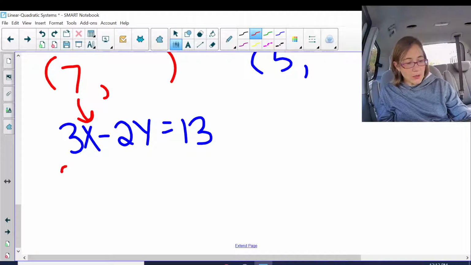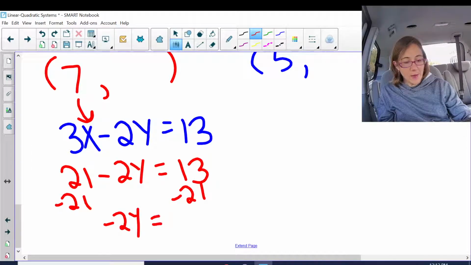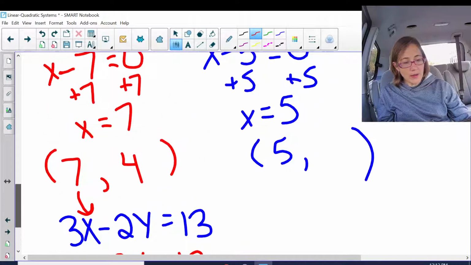So we would get 21 minus 2y equals 13. We'll subtract 21 on both sides. So negative 2y equals negative, let's see, what is that? 8. And if we divide by negative 2, we get a y value of 4. So there's one of our points.